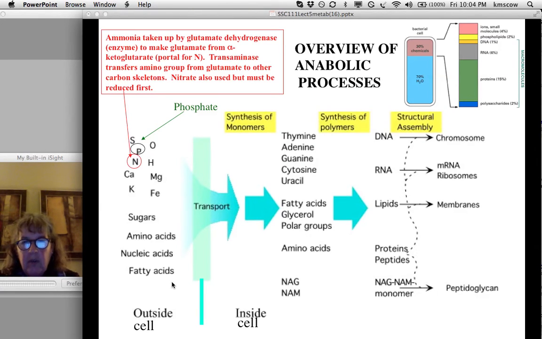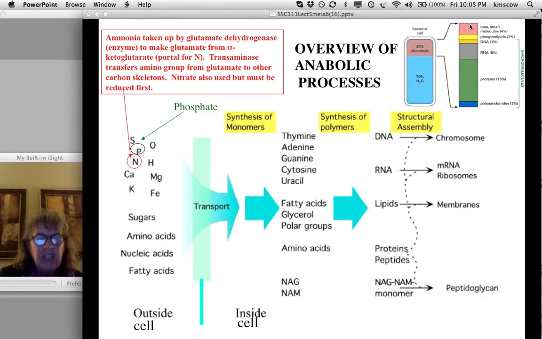Okay, so this is an overview of all the anabolic processes. So here's a cell, and you can see it's about 70% water, and the rest is these different compounds. And we talked before about the elements, but those elements are combined into this variety of different macromolecules, these polymeric compounds that make up the cell.